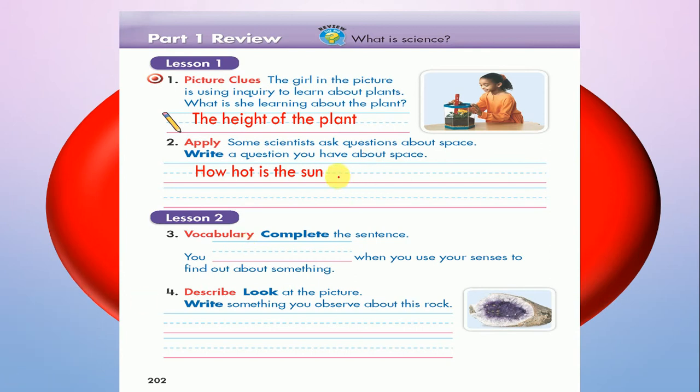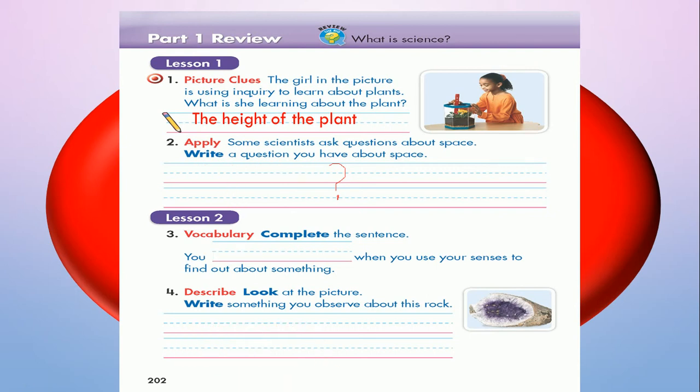But you have to make a nicer question mark than mine. Or how many planets are in space, maybe. Or how big is space, or is there water in space? All those are questions, and there are a lot of questions about space.